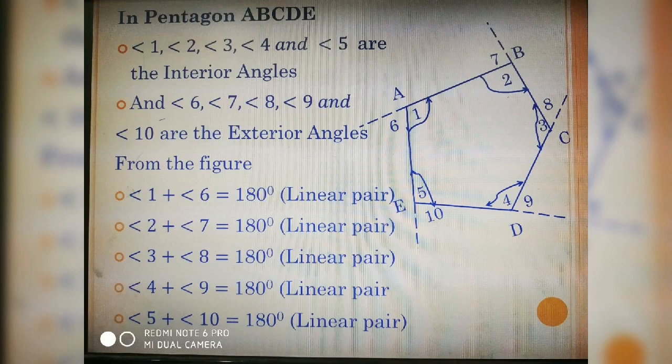From the figure you can observe that angle 1 plus angle 6 is equal to 180 degrees because they are a linear pair. Similarly, angle 2 plus angle 7 is equal to 180 degrees, angle 3 plus angle 8 is equal to 180 degrees, angle 4 plus angle 9 is equal to 180 degrees and angle 5 plus angle 10 is equal to 180 degrees because all are linear pairs.